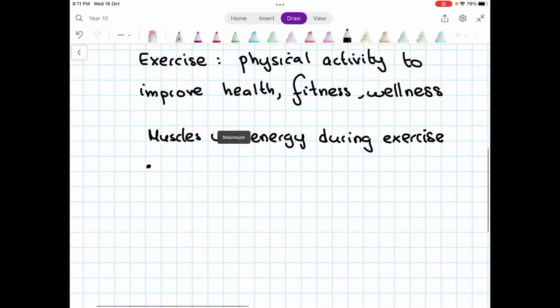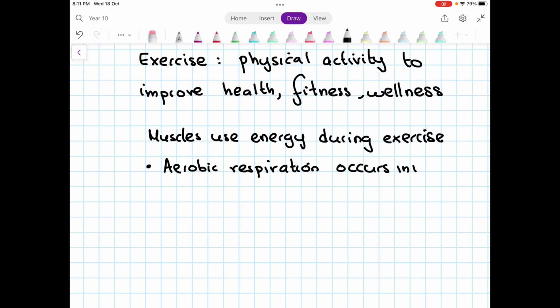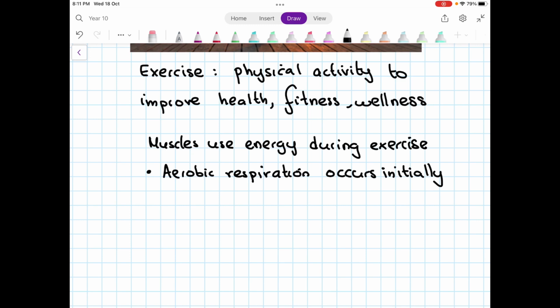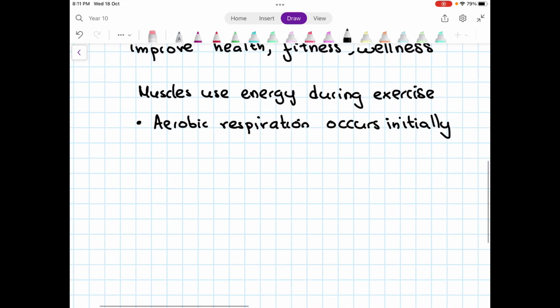Initially, what happens is that our cells undergo aerobic respiration, and this occurs to help produce energy in the form of ATP for our muscles to help with exercise.